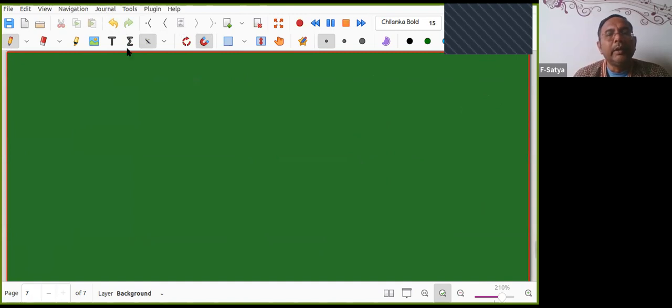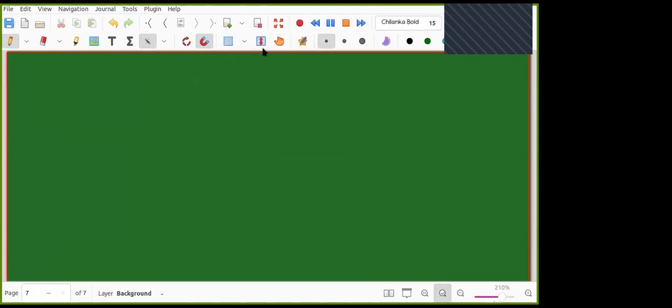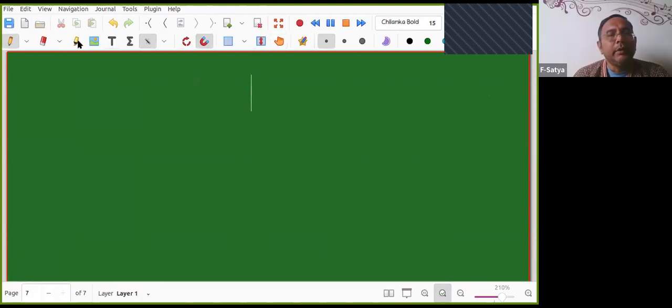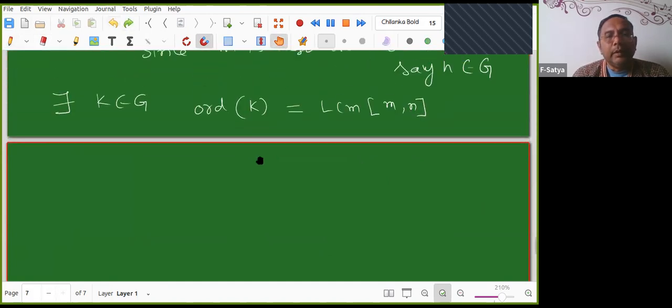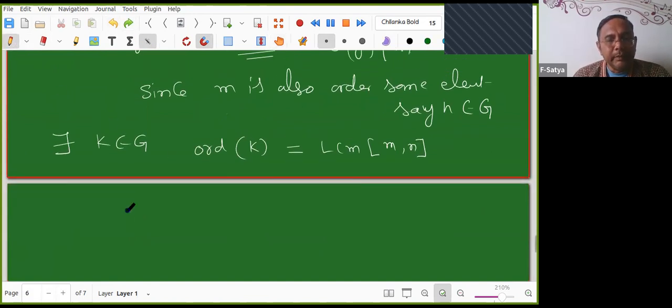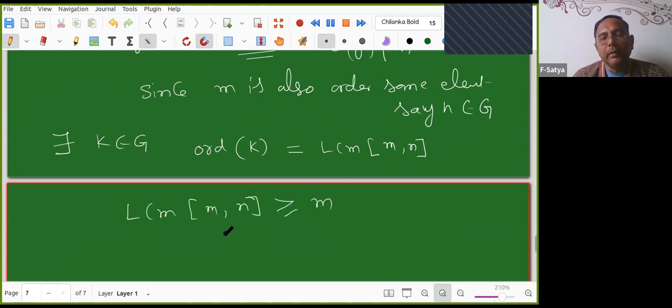Now how do I prove that N divides M from these two? We show that the LCM of M and N is equal to M. Clearly the LCM of M and N is greater than or equal to M. But M is greater than or equal to the LCM, because the LCM is an order of some element, and M is the maximum of all orders.